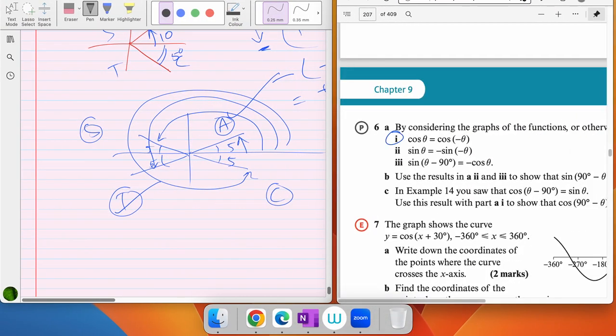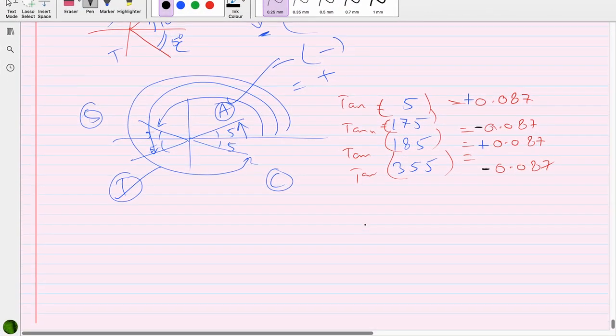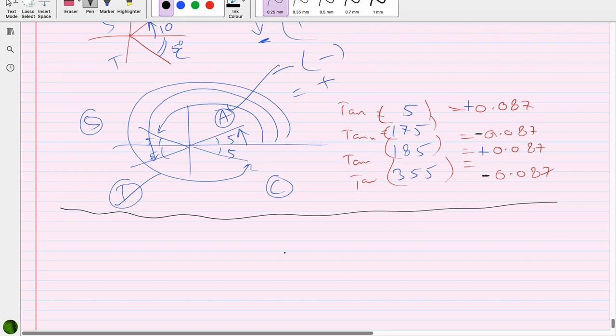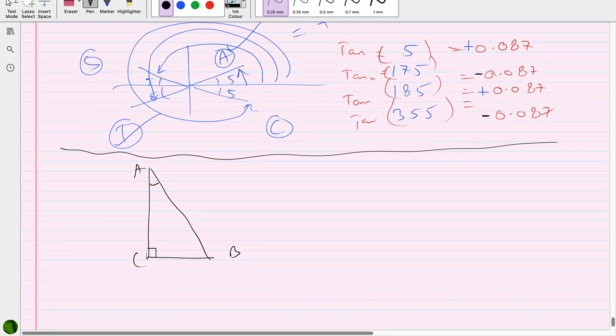Let me show you. This was something we did in O levels. For example, you have this right-angled triangle and we name it A, B and C, and then we mark the sides 3, 4 and 5 centimeters.